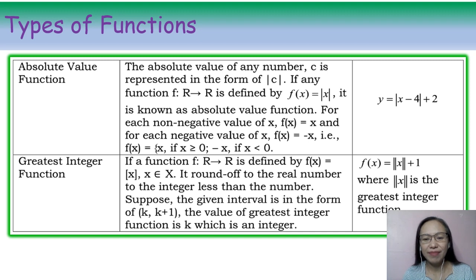So we have here x in between the two double bars, which is the notation for the greatest integer function. Now, the greatest integer function rounds off the real number to the integer that's less than the number. We will have an example of this later.